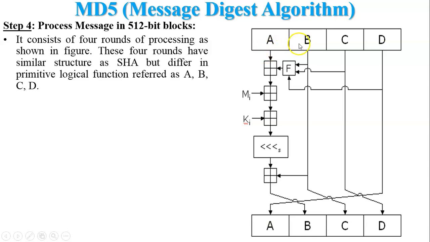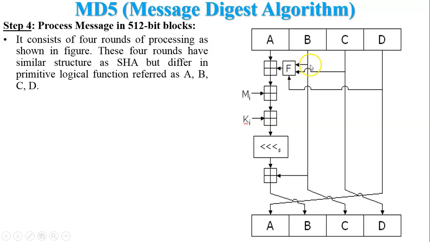Here 4 chaining variables are used, A, B, C, D. The size of ABCD is 32 plus 32 plus 32 plus 32, which means 128 bits is the total length of the variable ABCD. The primitive logical function works the same as in SHA-1, the secure hash algorithm.